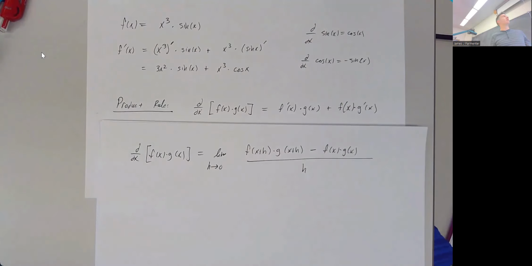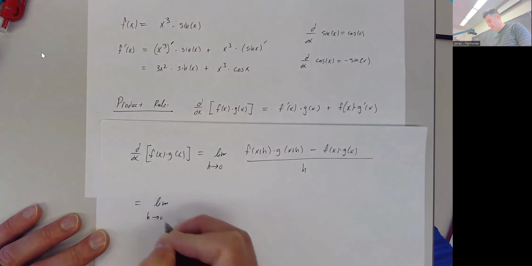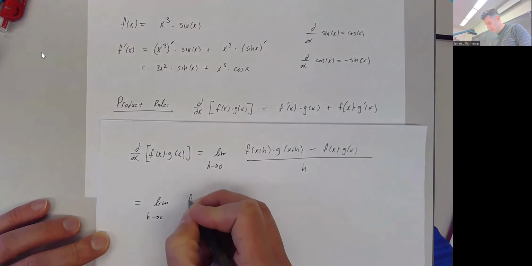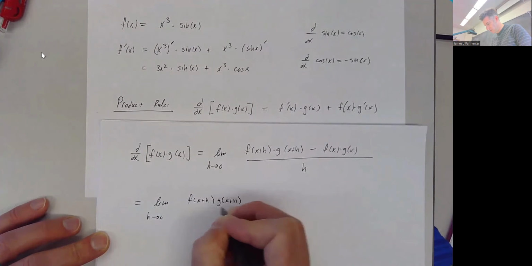And this is where you kind of have to. So a lot of math sometimes is someone has shown you how to do it once, right? Like I would never know how to do this next part unless someone had shown it to me before. The next part's kind of a trick. We're going to add and subtract something convenient. So I'm going to leave myself some space. I have f of x plus h times g of x plus h.